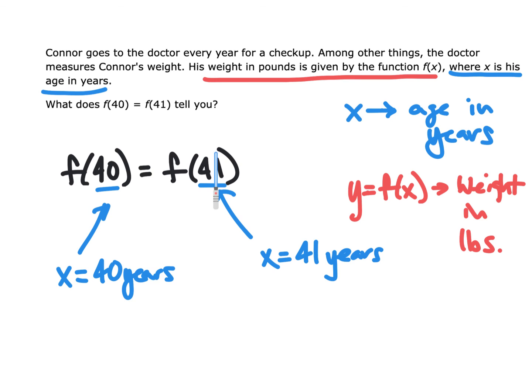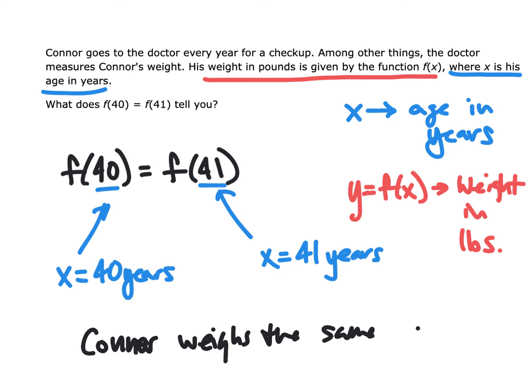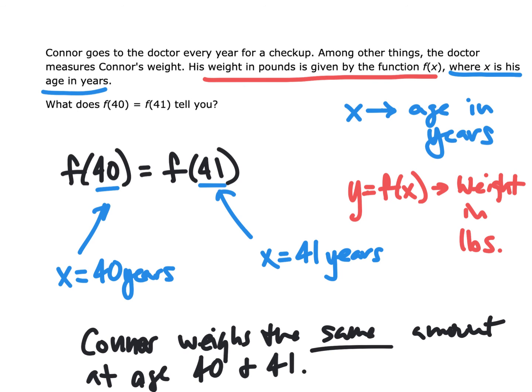And what we know is that these two y values are equal. So the interpretation that we would conclude here is that Connor weighs the same amount at age 40 and 41. Okay, same because the two weights are equal.